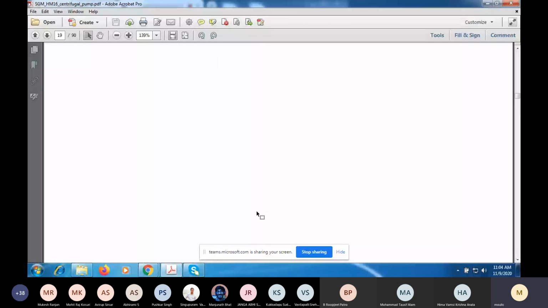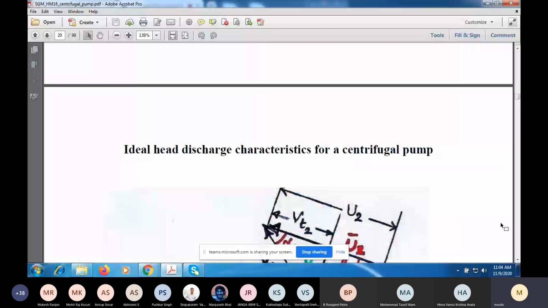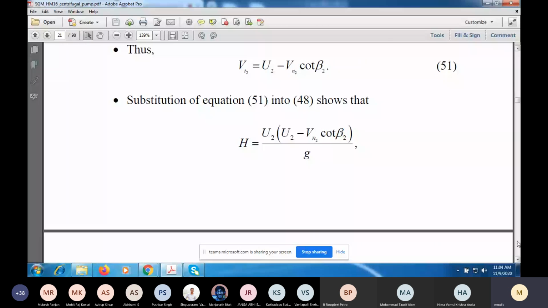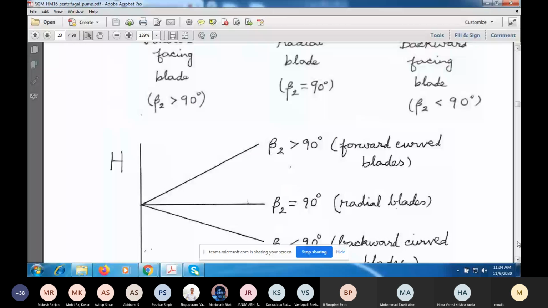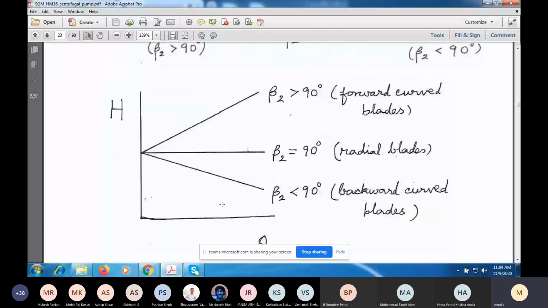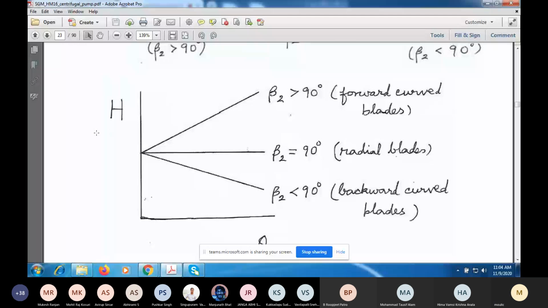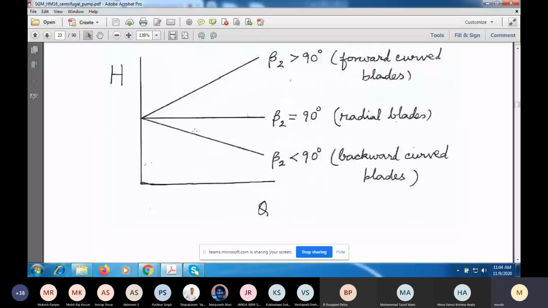So last time we looked at the ideal characteristics. Assuming one-dimensional flow, we showed that at a constant speed, the characteristic of the pump, with Q written over here for brevity, is actually a Q flow.